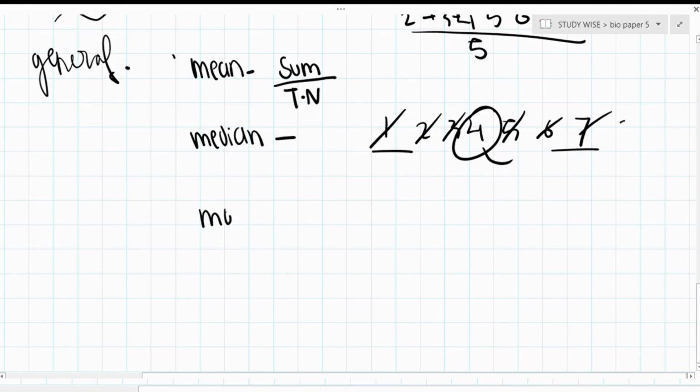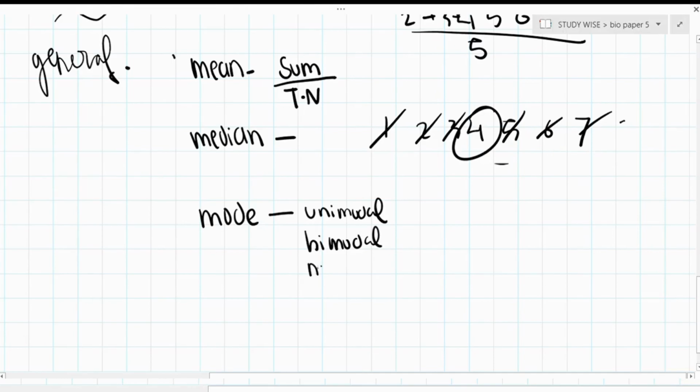And then you have mode, and there's 3 types of mode. It's either unimodal, bimodal, or multimodal. So basically mode is if you have a set of numbers and there's a number that is continuously repeated.